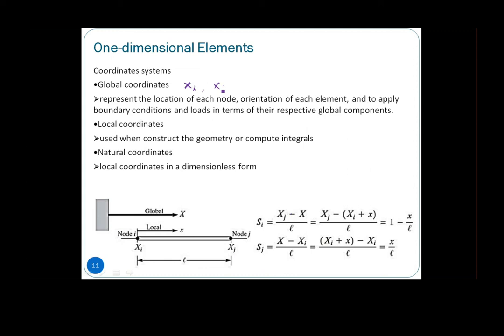If you have an origin here, then your Xi will be here and Xj will be here, all referring to this particular origin. And we have these local coordinates.